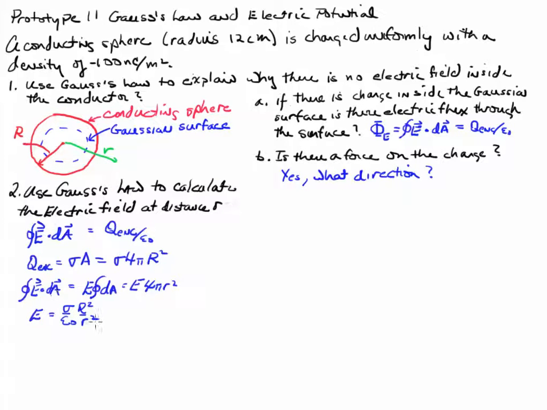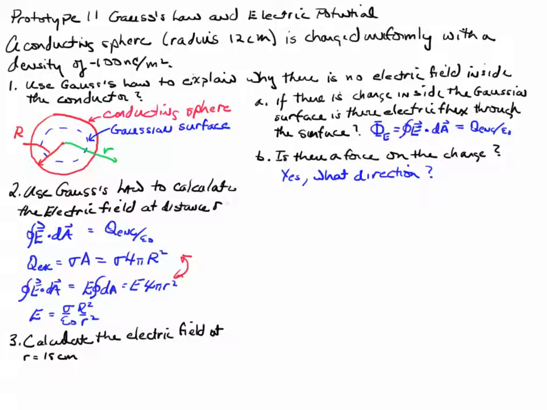We can complete this integral and relate these two parts, set them equal, and we find that E, the electric field, is the surface charge density times the radius of the conducting sphere squared, divided by epsilon naught times r squared, the radius at some distance past the surface of the sphere.